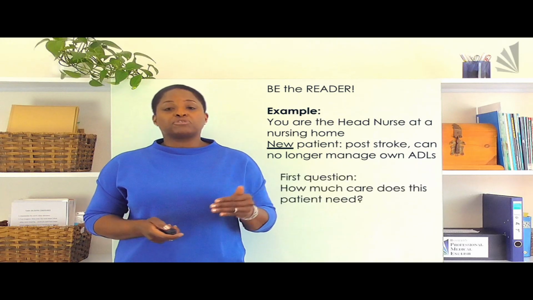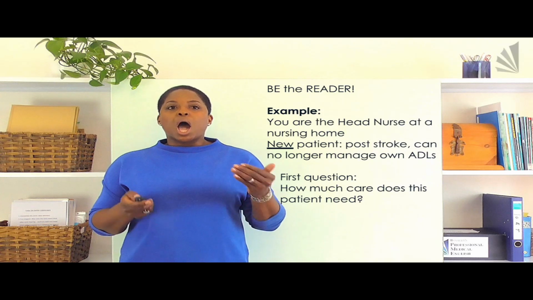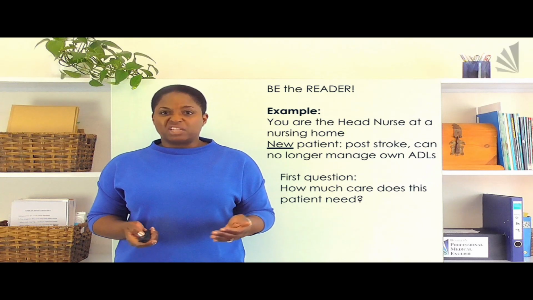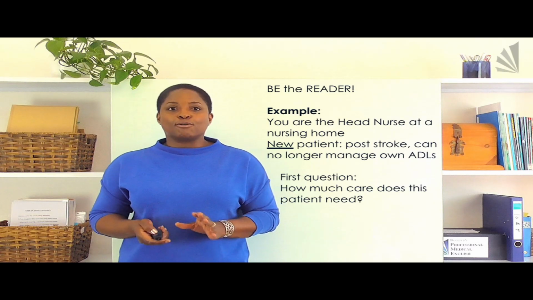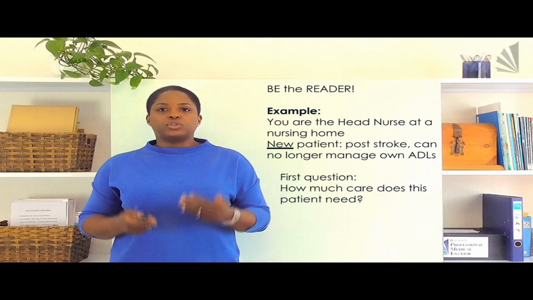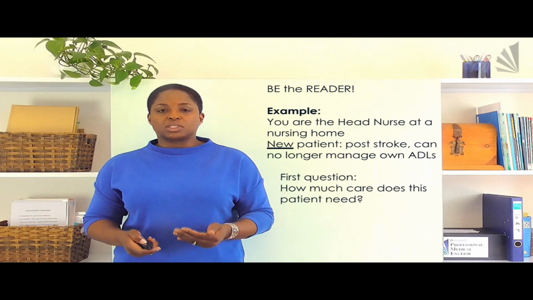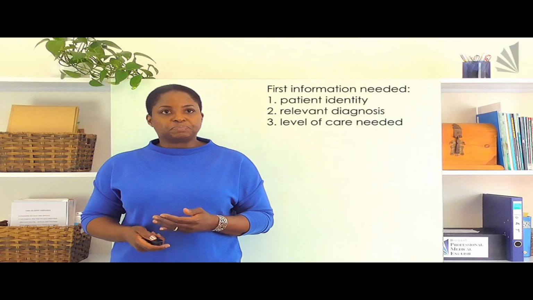Logically, after finding out who the patient is, you want to know how much care this patient actually needs. Now, it may sound a little harsh, I know, but naturally you want to know how much of your institution's resources will be needed, when, and how often.